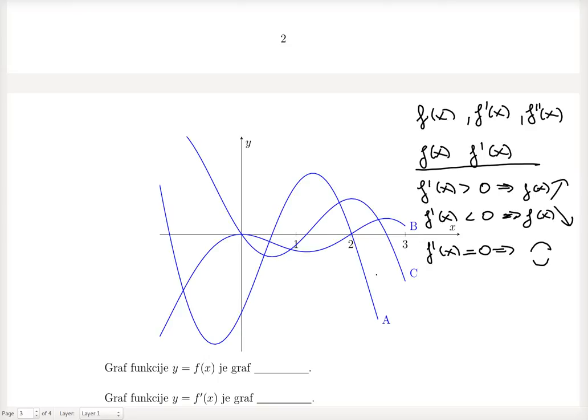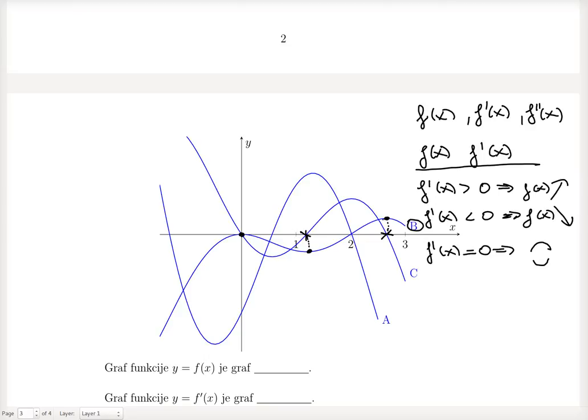Okay, so first let's figure out where are the local maxima and minima of these functions. So let's say we take a look at the graph of B, and we have one local maximum and another local maximum. And if we look down, we see that the graph of C has 0 here, and here as well.